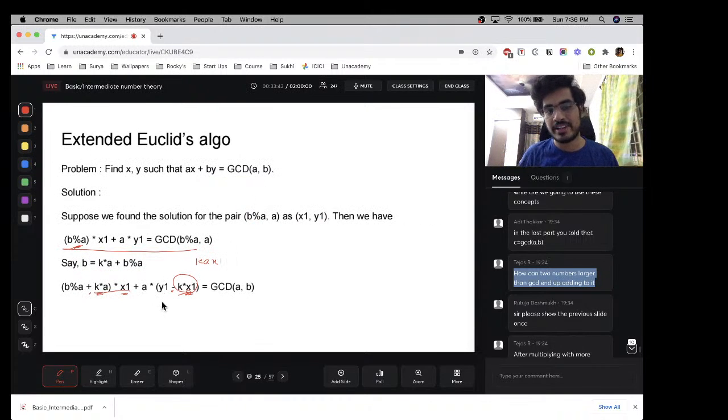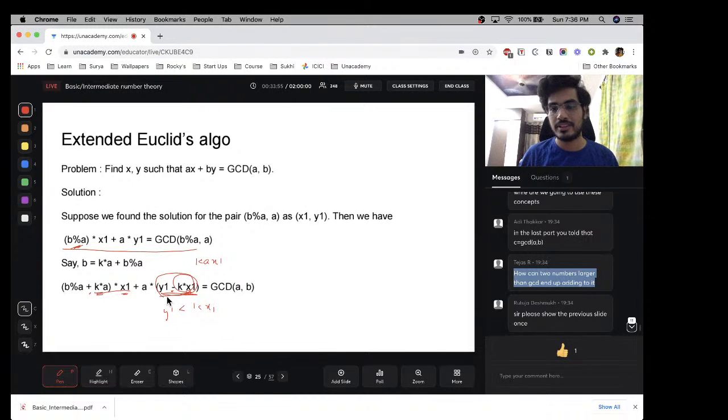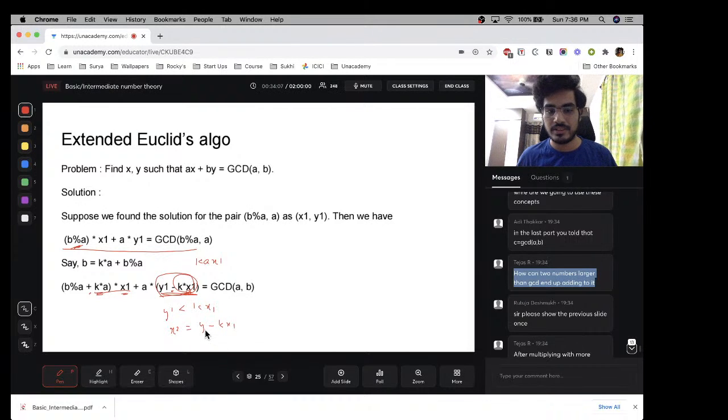Here we are writing y1 minus kx1. If y1 is less than kx1, then this number will be negative.